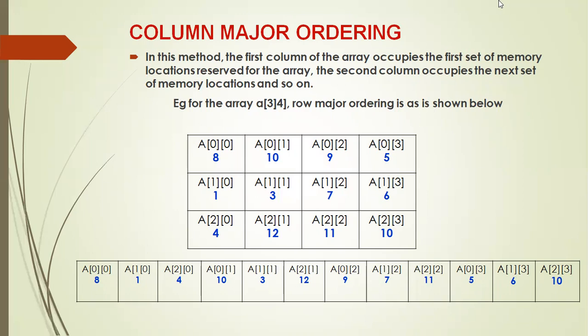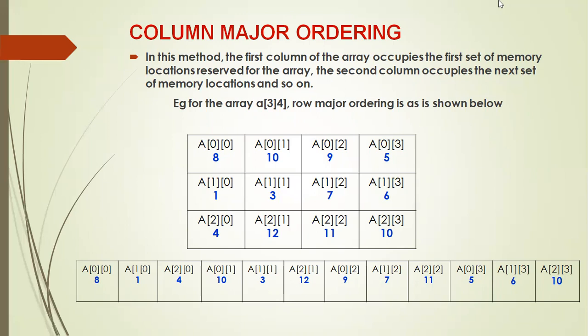Instead of taking the elements of the first row, it will take the elements of the first column. Which are the elements of the first column? 8, 1, 4. They occupy the first 3 locations. The next 3 locations are reserved for 10, 3, 12. The next 3 locations are reserved for 9, 7, 11. And the last 3 locations are reserved for 5, 6, and 10.